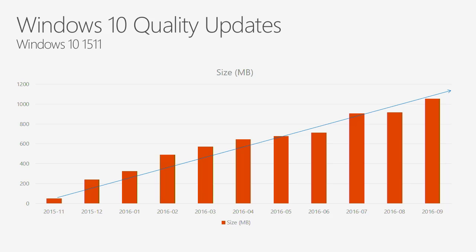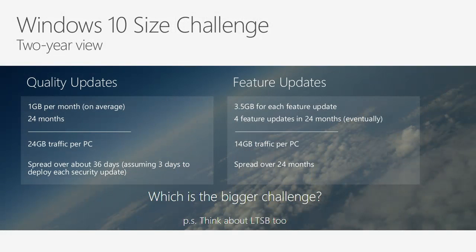If you look at just that size, you start to think about it being a little bit different than the problem you thought when you look at it over a period of about 2 years. From a 2-year perspective, 1 gigabyte per month on average for those monthly updates over a period of 24 months is 24 gig of traffic per PC.